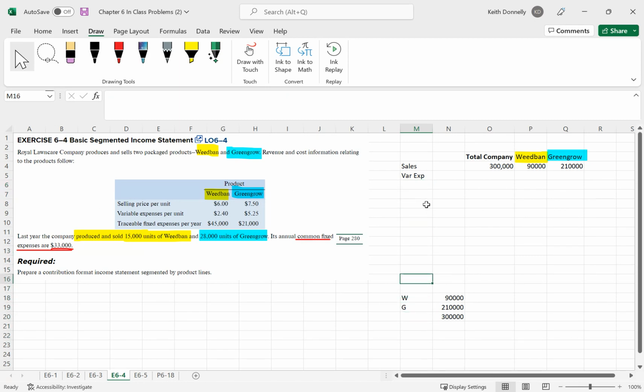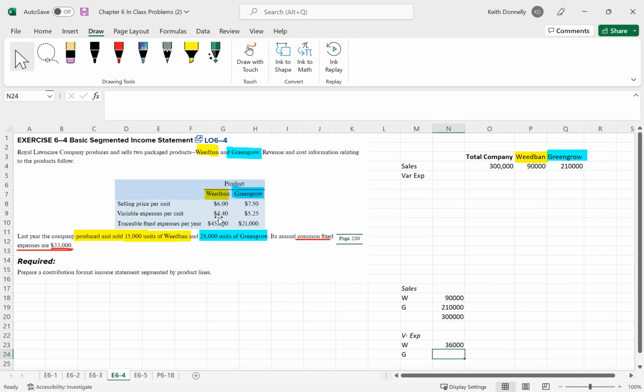So this was our sales right here. We'll do a little item here for our variable expenses. Let's start with the Weed Ban. This is going to be the 15,000 units they sold times the 240 variable expenses.